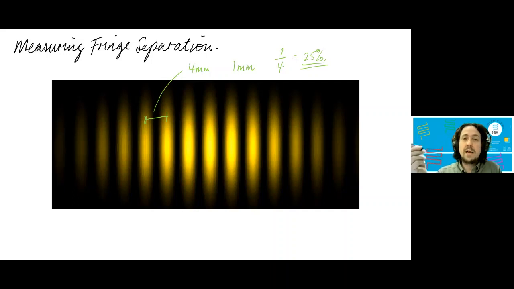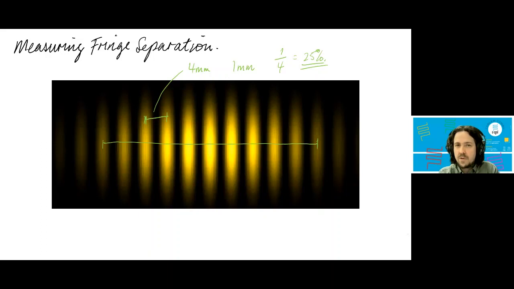So an important measuring technique is to measure the distance of many slits accurately and then divide by how many fringes you have to get one fringe separation. It's a bit like if I gave you a textbook and asked you to measure the width of a page.